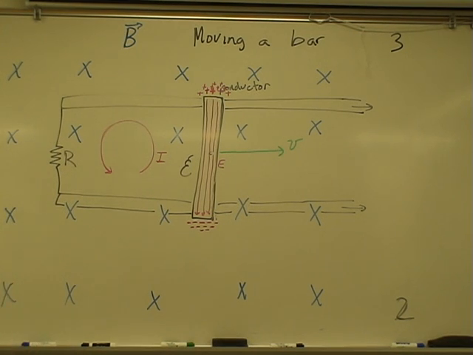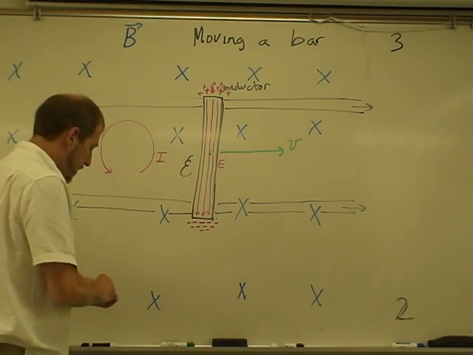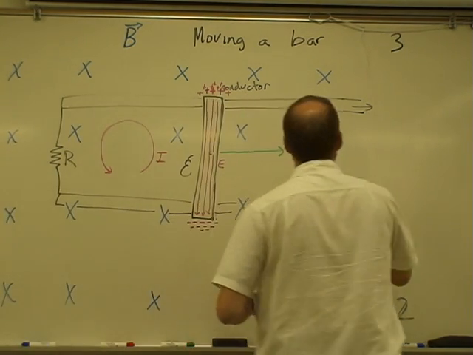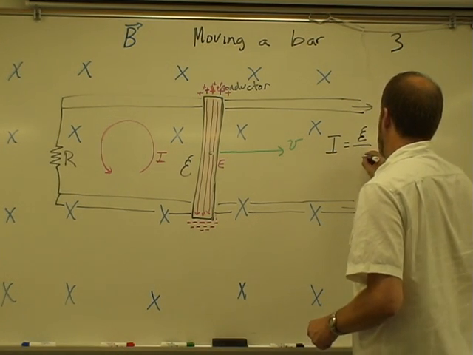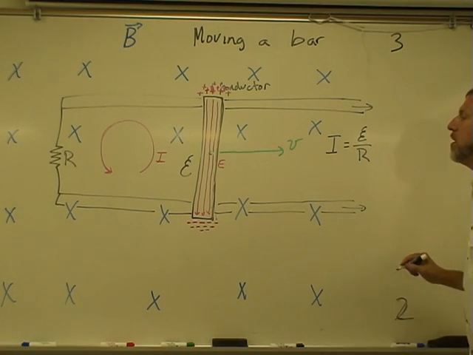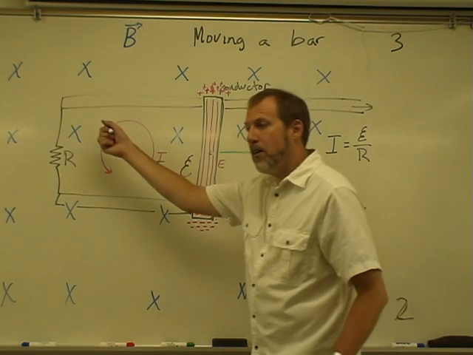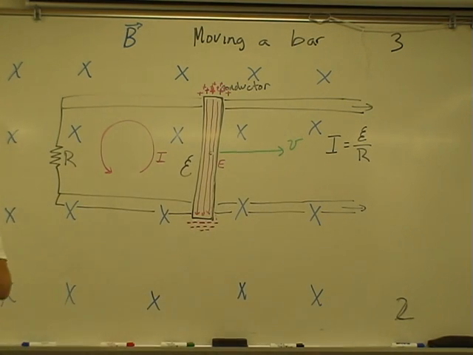Now, if I look at what I've got here, what can I say about this? Okay, I can say that the current in that loop is equal to the induced EMF in the bar divided by the resistance of the resistor R. If the resistance of the resistor is much higher than the resistance of the wires, very easy to set up, and we're dealing with an ohmic material.